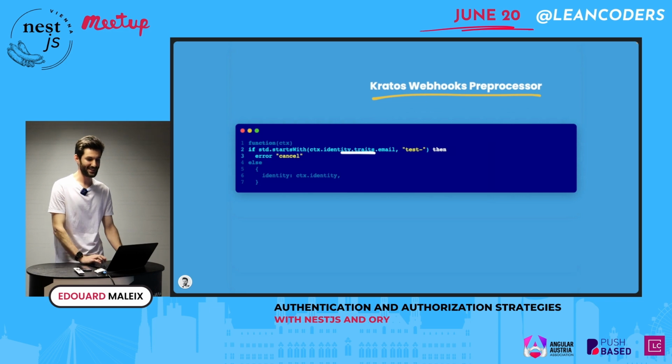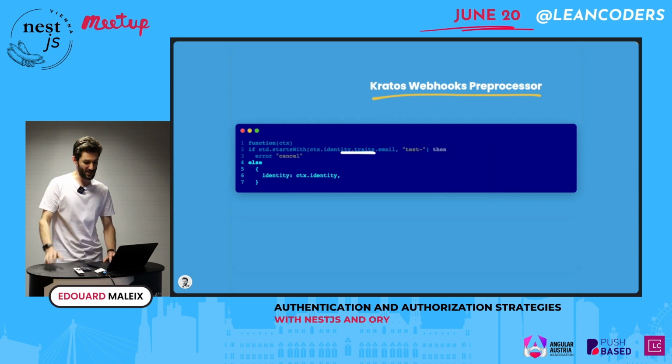And if in that identity we have the email starting with test dash, then we just stop the webhook, we cancel it, which can be pretty handy for testing. In most other cases, we will just format our request body with this JSON value. So we will have just a property called identity with the content of the identity. That's what our backend should expect to receive.